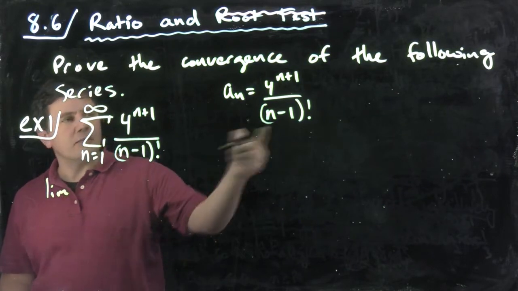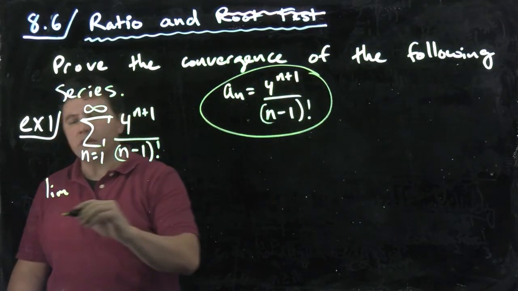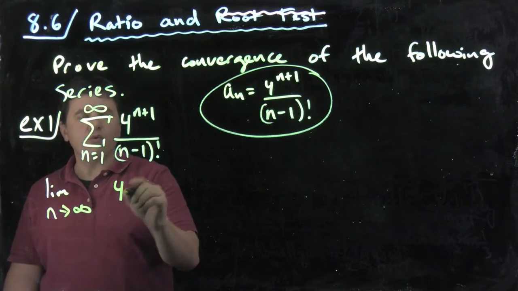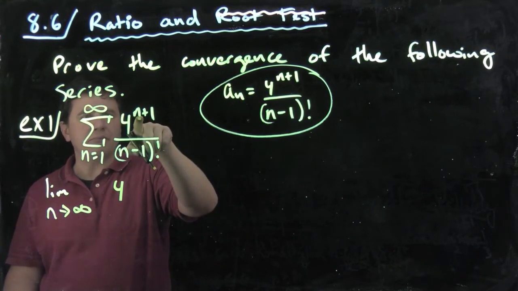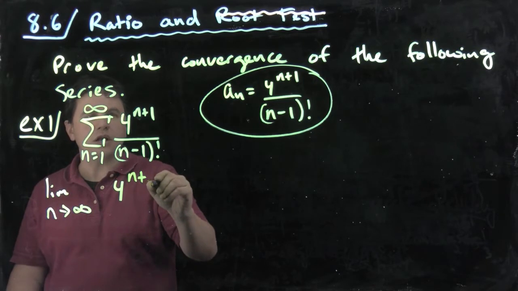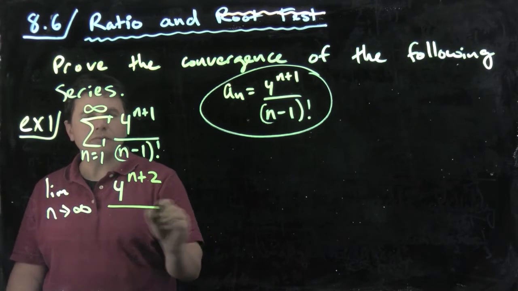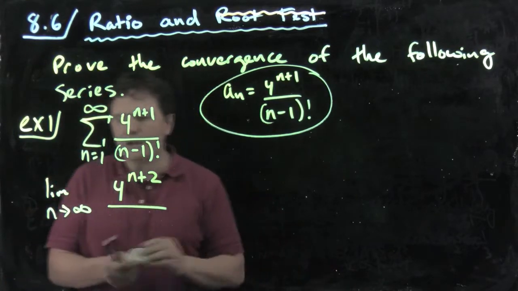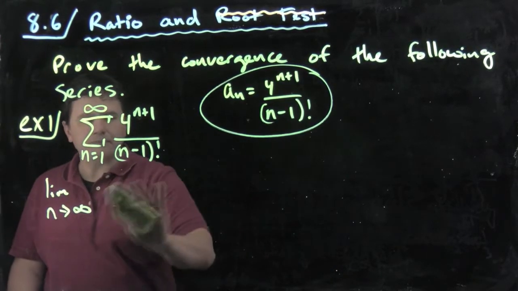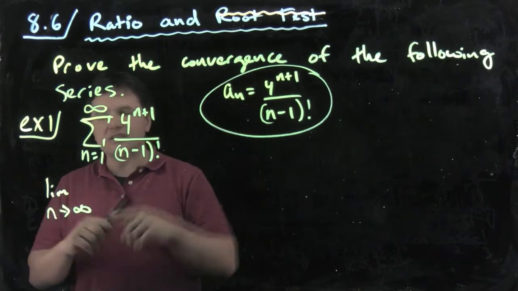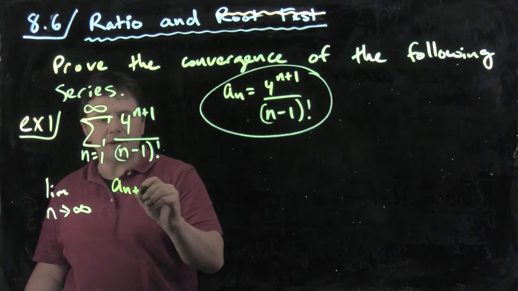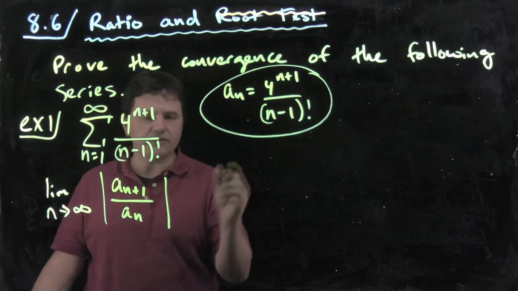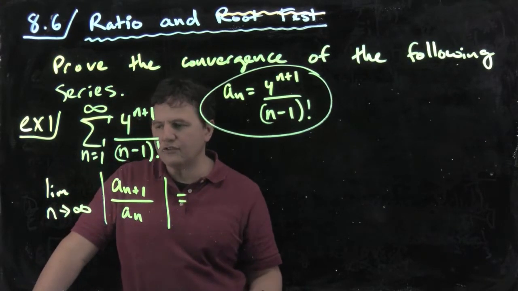So once I have this labeled, I can just write the limit as n goes to infinity of 4 to the n plus 2. Okay, so the ratio, so this is a sub n, so what we're looking at is a sub n plus 1 over a sub n, and we're taking the absolute value of this. So this is absolute convergence, as I talked about before.